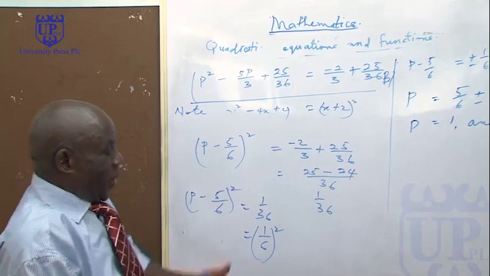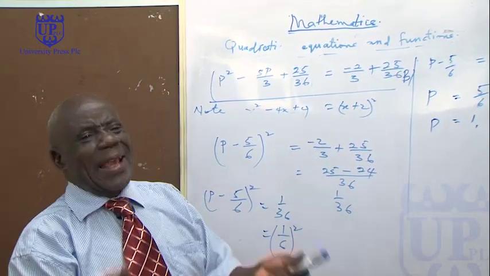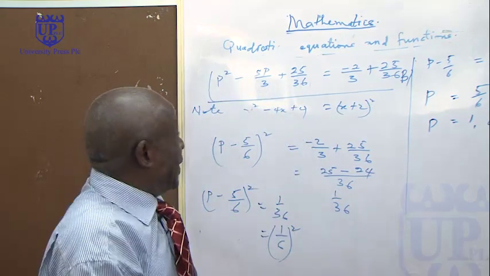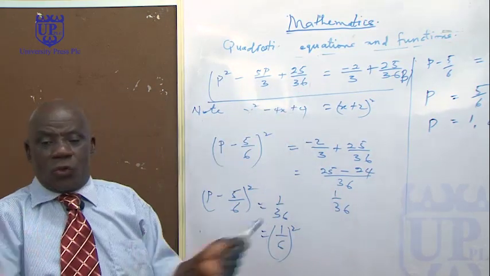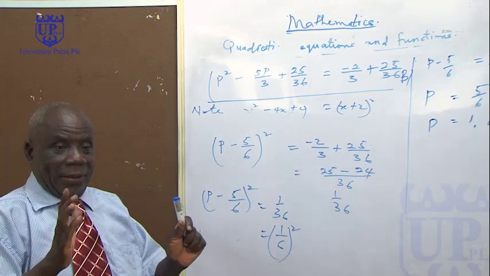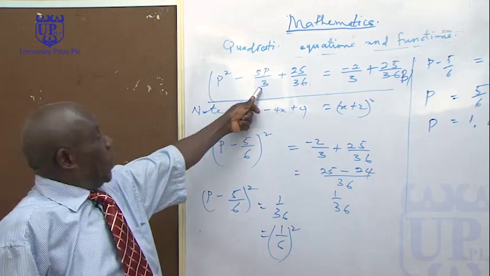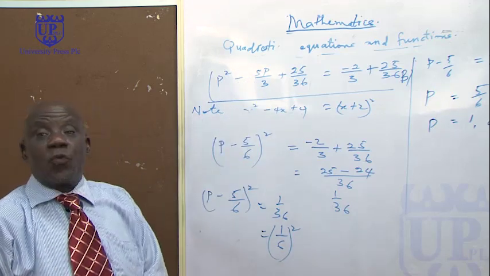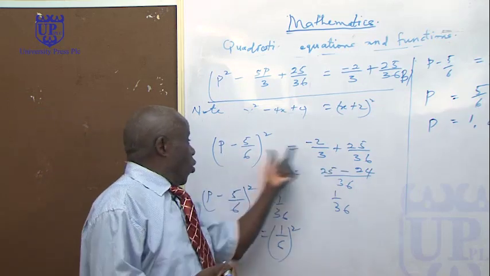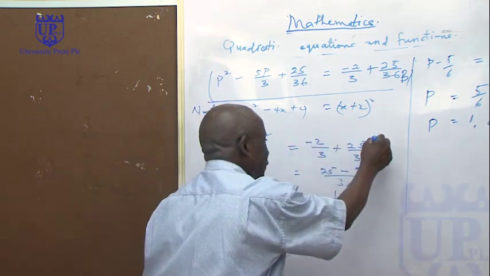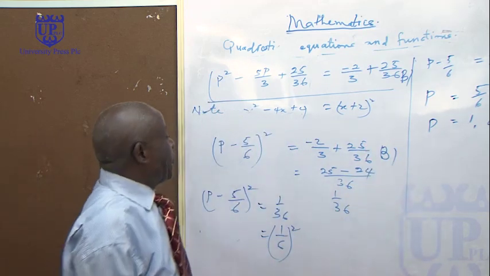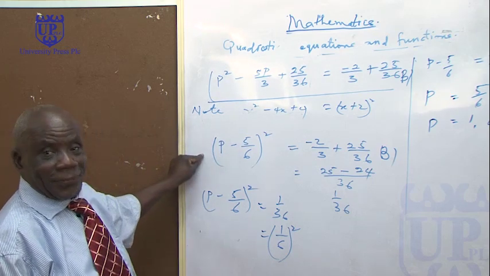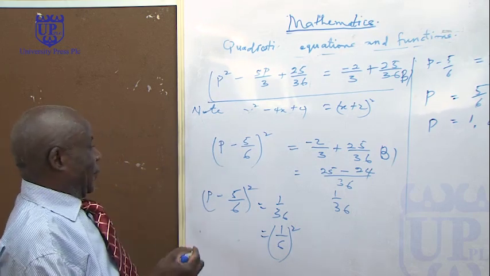Also, by finding half of the coefficient of p and squaring it, we want to see this 25 over 36 somewhere. You must write it. To tell us that you are finding half of the coefficient of p and you are squaring it, you will be given another bonus of 1 mark. Whether you are adding or you are doing this, they give you 1. For identifying that this expression is a perfect square, they give you another bonus mark.